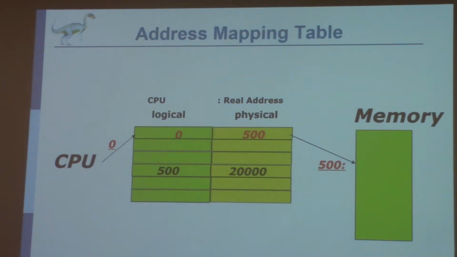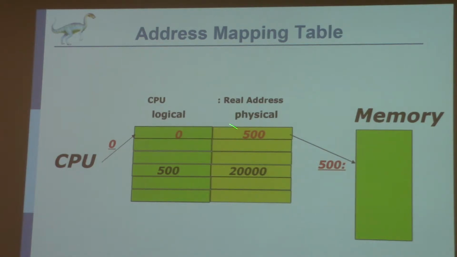Cache. So this one is first in the memory. Later we will see how to speed it up. Even accessing the memory is not fast enough, so we will use another approach.